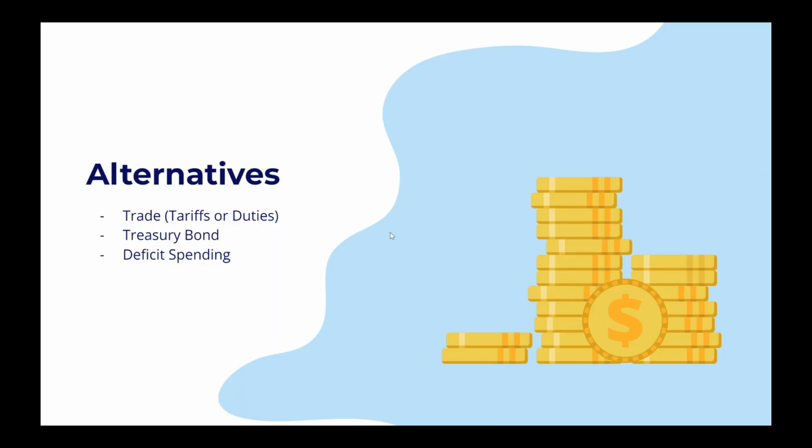And here are some alternative methods the US government earns money aside from taxes. The first one is through trade, tariffs, or duties.